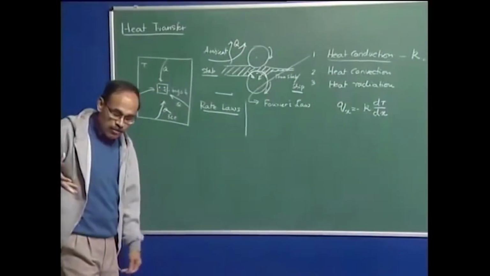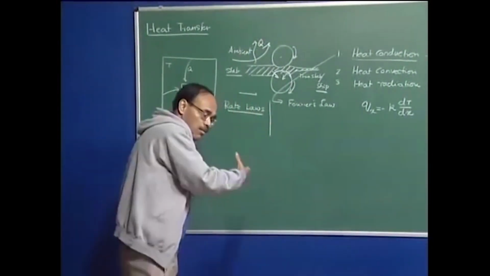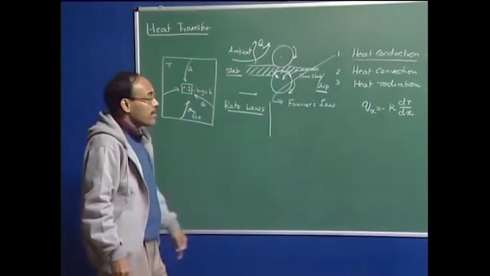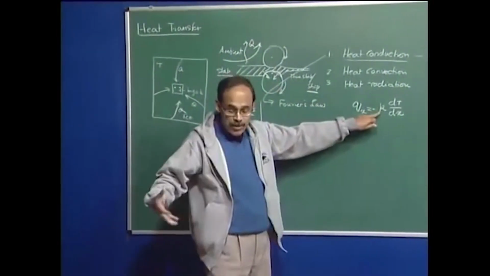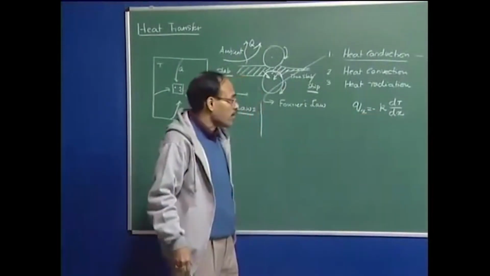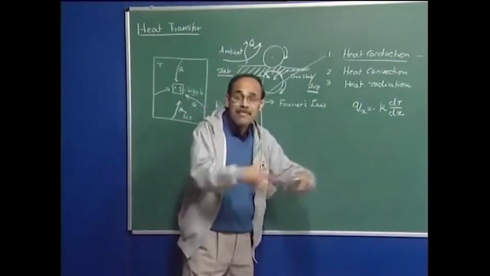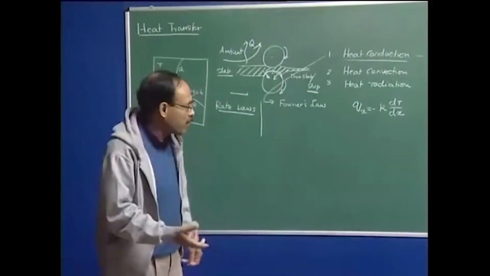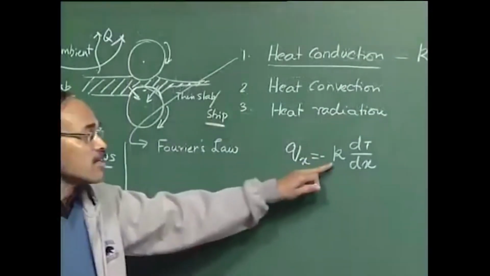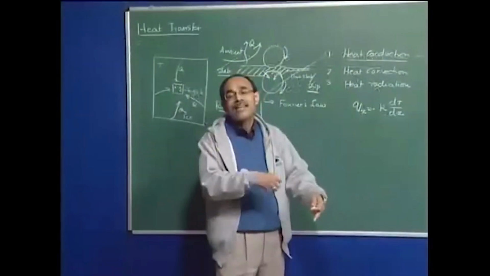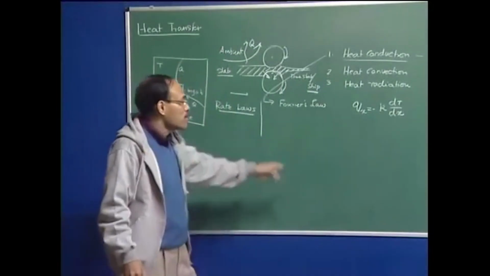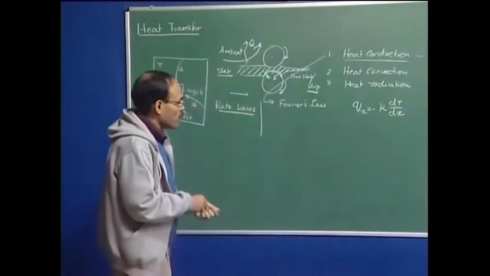If the structure of the material in this direction and in that direction are not identical, we can anticipate that thermal conductivity in different directions can be different. If thermal conductivity is the same in all directions, then we say that the material, or the thermal conductivity, is isotropic. On the other hand, if thermal conductivity is different in different directions, Kx in the x direction, Ky in the y direction, and Kz in the z direction, then we say it is a non-isotropic material.